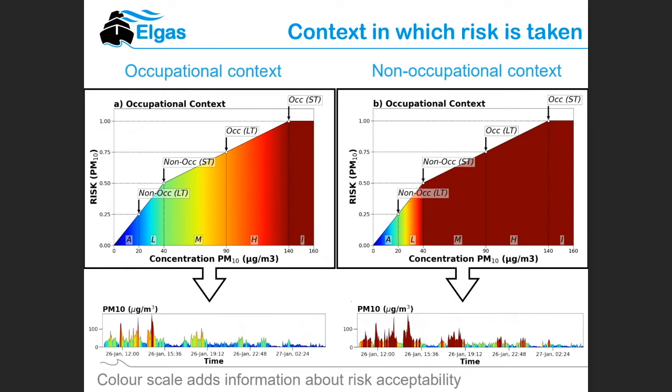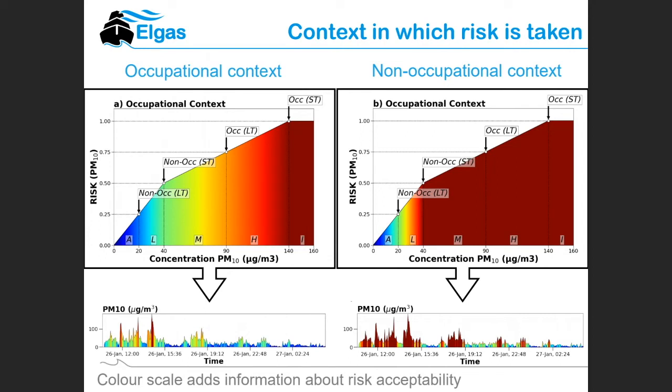So you use the same piecewise function, but we superpose a color scale depending on whether you're occupational or not occupational. For example, in the top left figure, we see the piecewise function for the PM10, and we can see a superposed color scale from blue to red, and depending on the level of risk, you will get a value of the risk and a color depending on how in danger or how harmful the environment is.